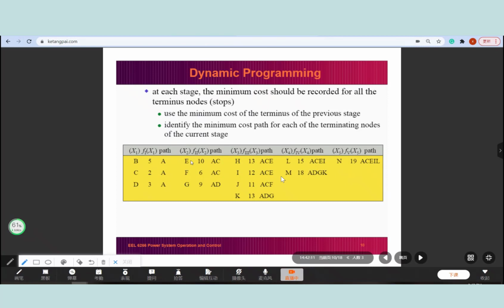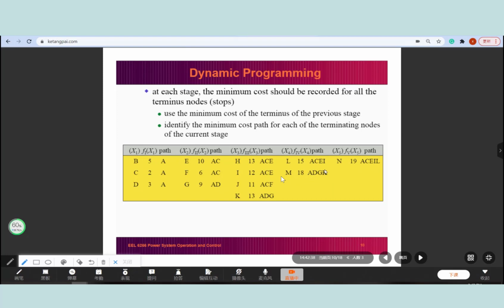If you travel to E, the best path will be ACE, and F also ACF. G will be ADG. Okay, you continue for the next stage. For stops H, I, J, K, you also record the best cost and the path. For L and M, you also record the path.